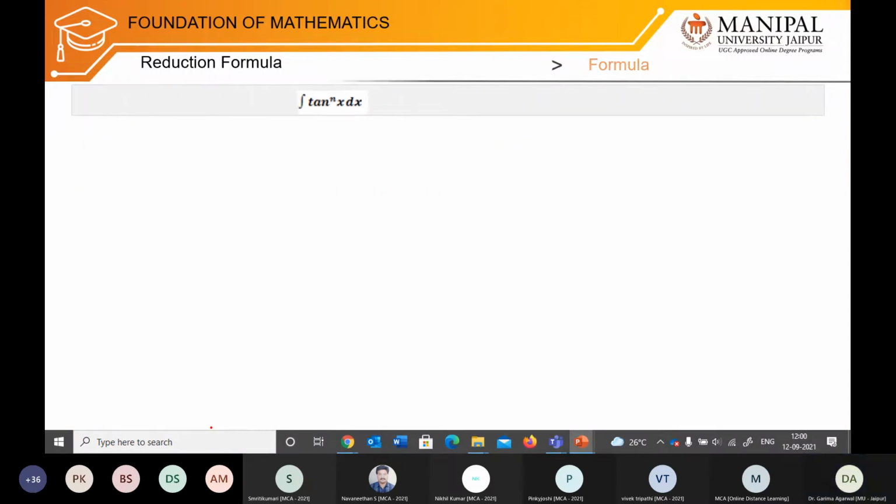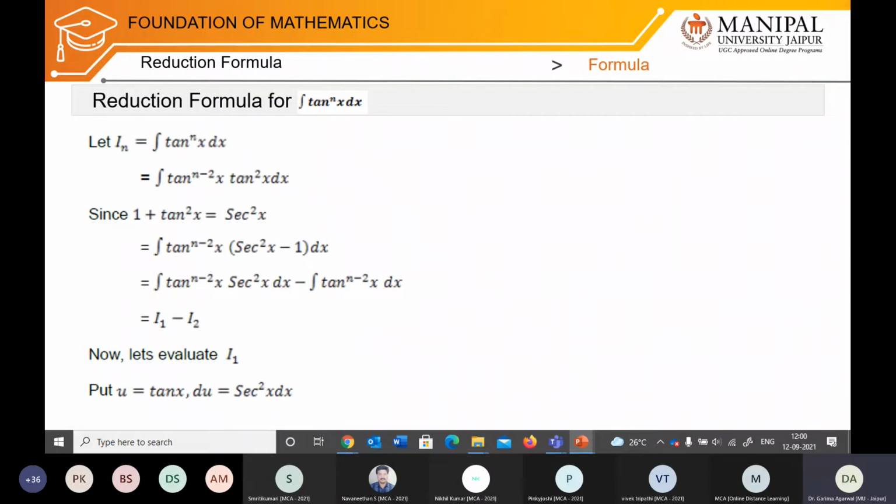Clear? Similarly, we can find integration of tan raised to n x. We'll split it into tan raised to n minus 2 x into tan square x. Now we know that 1 plus tan square is sec square. So tan square can be written as sec square minus 1. So we substitute the value of tan square as sec square x minus 1. Then we multiply tan raised to n minus 2 x with sec square minus 1.